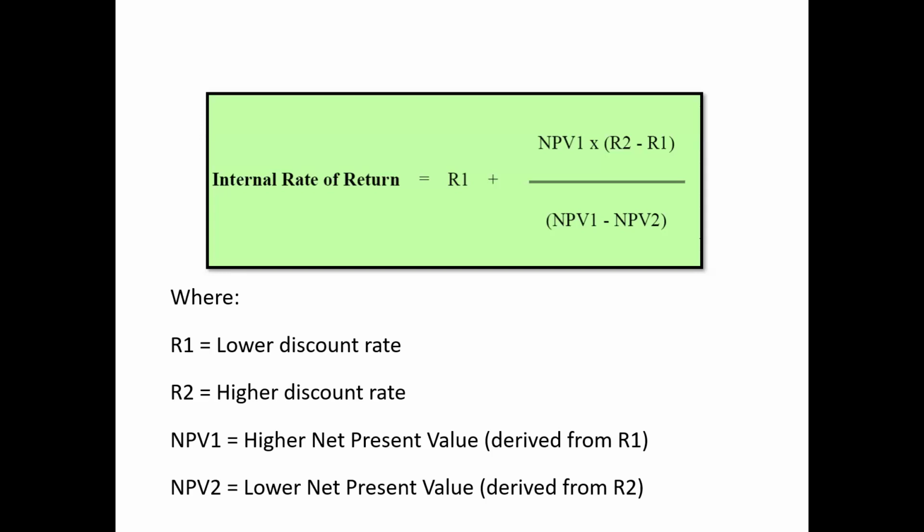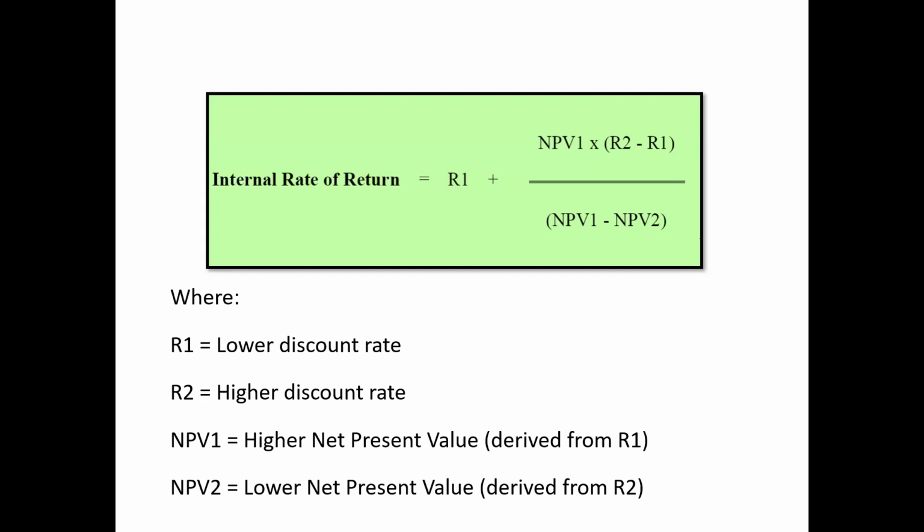Then we have to divide it by the difference between NPV with the highest rate minus the NPV with the lowest rate. So, which means we have to take the difference between the NPVs. Then we have to multiply it with the higher discount rate minus lower discount rate. Here we are going to take the difference between the discount rates.